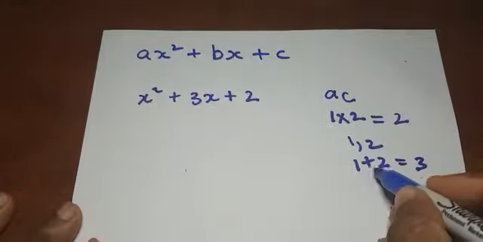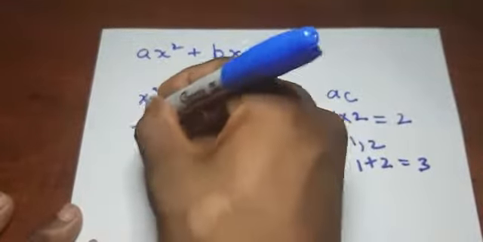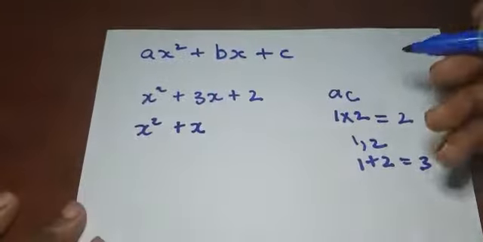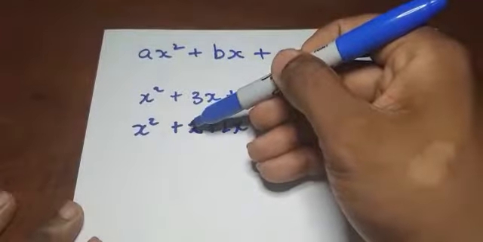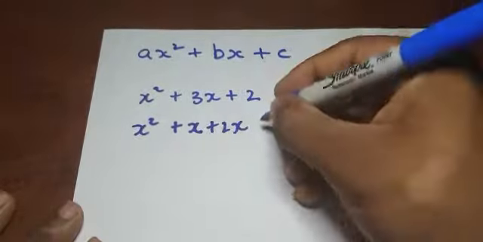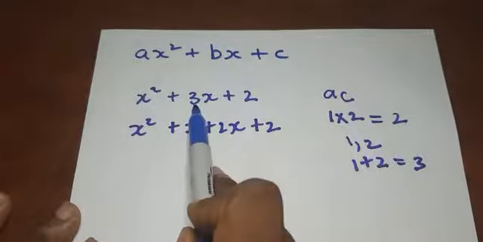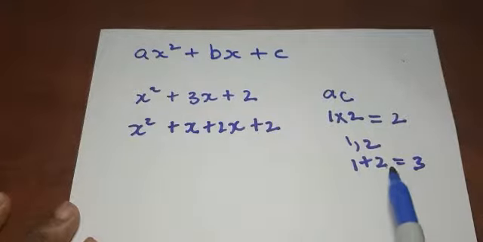So we say that 1 plus 2 would work. So we rewrite the middle term as x plus 2x, since 1x is the same as x. So we write x squared plus x plus 2x plus 2. All we did here was to rewrite the middle term as x plus 2x based on the information we derived from here.